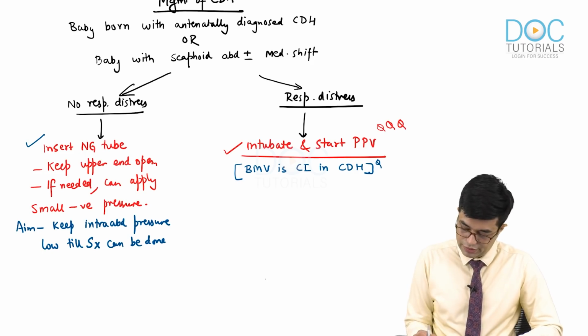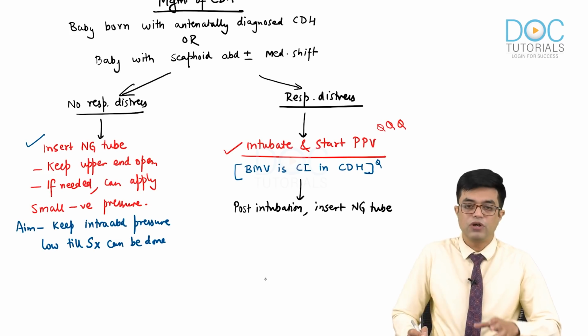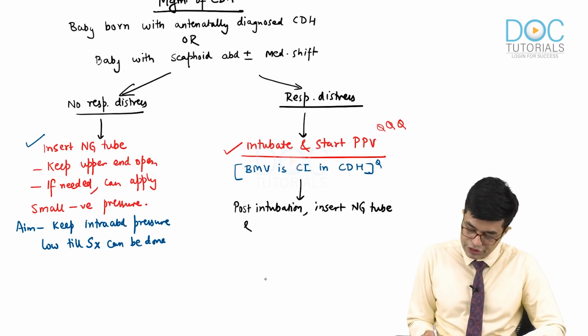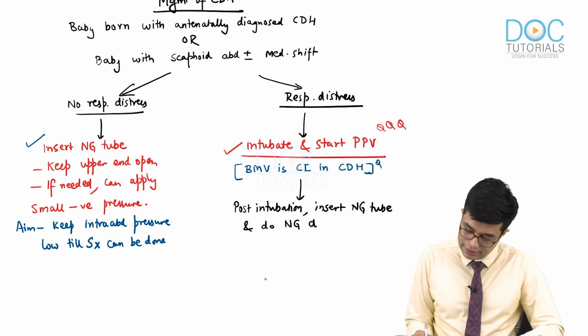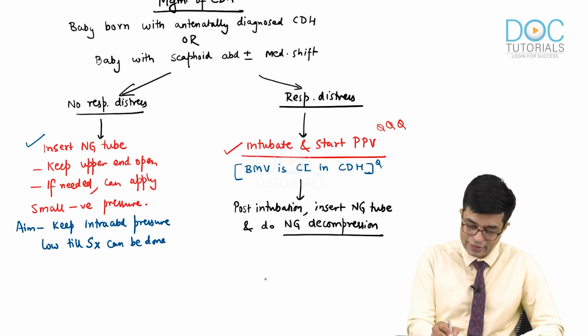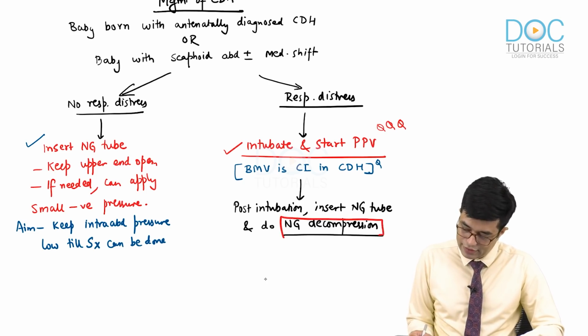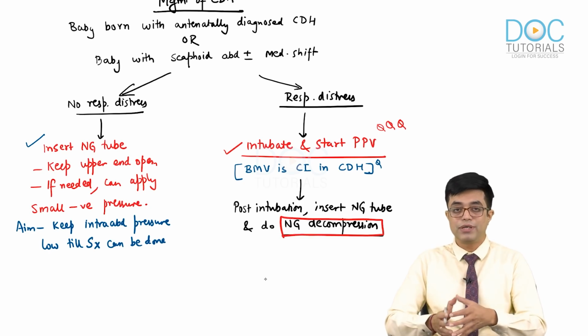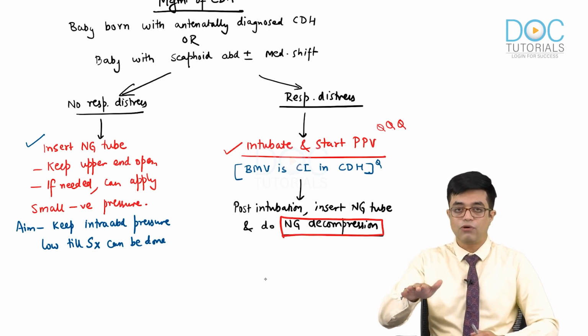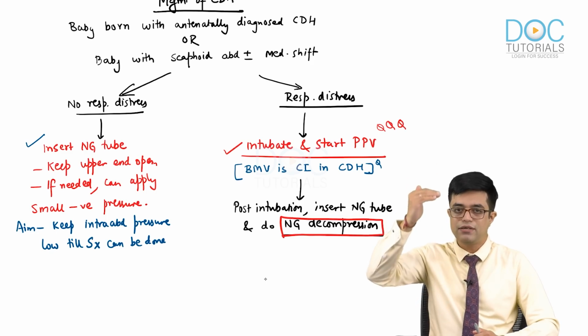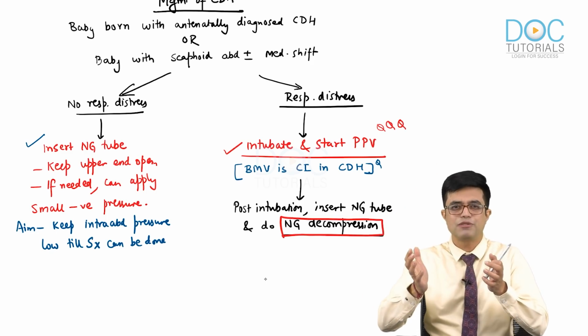So, the first step is to intubate and start positive pressure ventilation. Once you have intubated, you will insert a nasogastric tube as before. But now you will not just keep the upper end open, you will perform a procedure called nasogastric decompression. You apply a significant, gradually rising negative pressure so that the abdominal cavity decompresses, the abdominal pressure rapidly falls and whatever herniation has happened tries to come back so that the lungs are able to expand a bit.